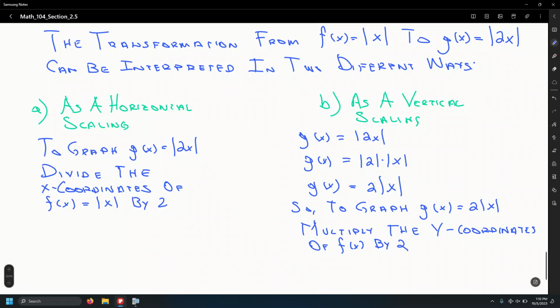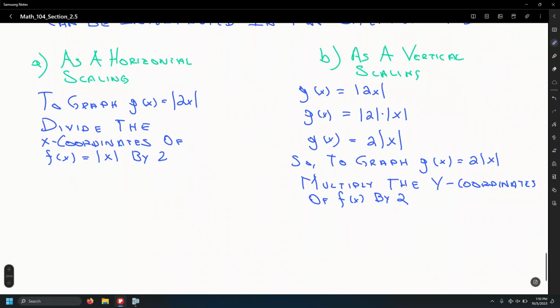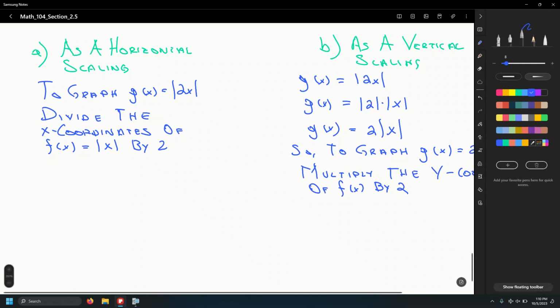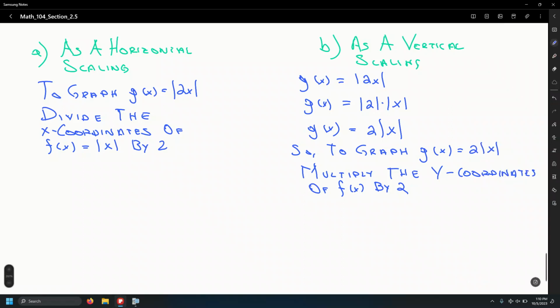Okay, how about we do that by hand? Let me bring down the same coordinates I started with. Well, actually, I'm gonna come up with a nicer set. I'm gonna do -3, 3, 0, 0, and 3, 3. Over here, I'm gonna use the same coordinates: -3, 3, 0, 0, 3, 3.